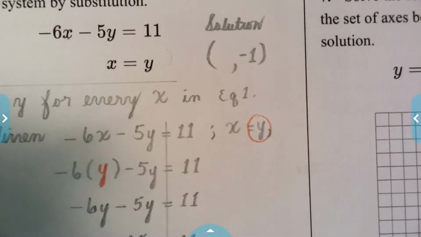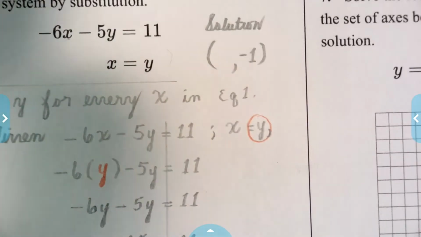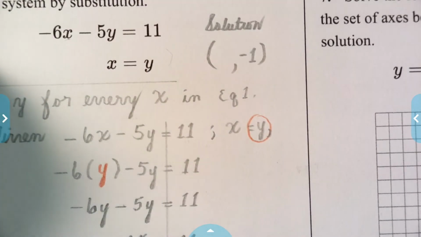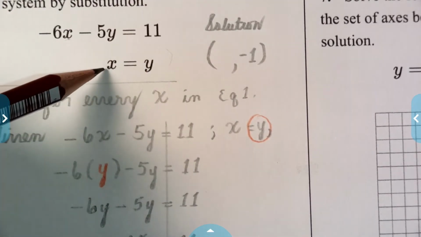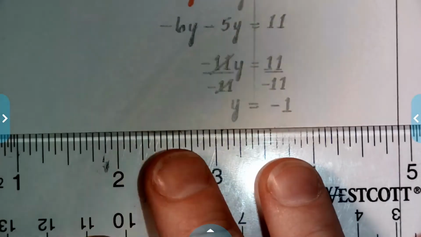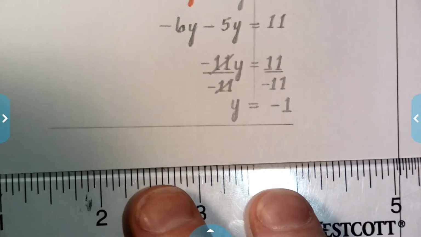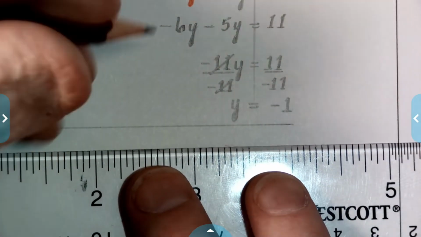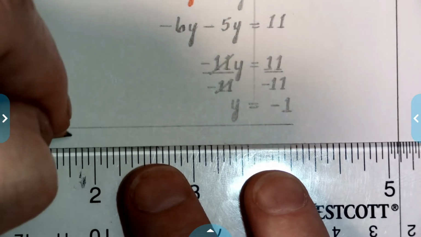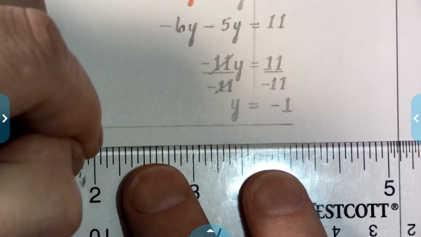Okay, so now what do we do? Well, we just asked that question. What is x when y is negative 1? All right. This is the simplest equation, you know. So let's go back here. And we follow our procedure even when you think you can do it in your head. We ask the question in your head, but you should probably write this down.